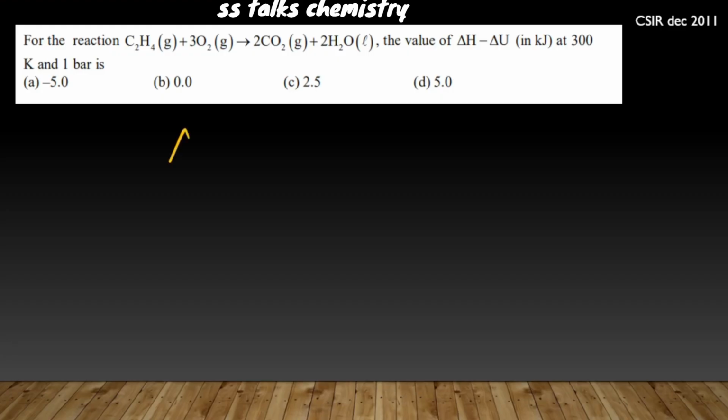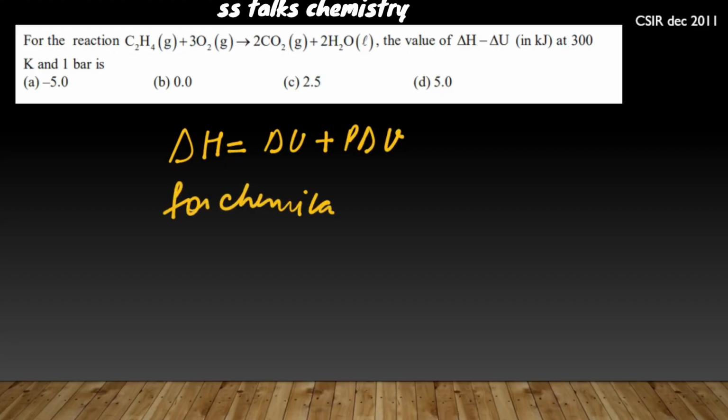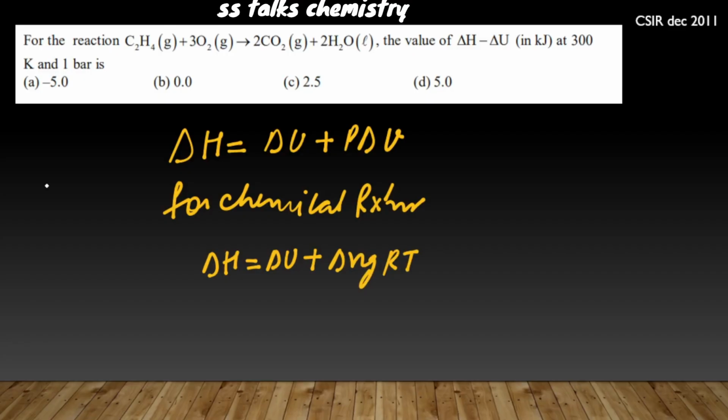We know that delta H is equal to delta U plus P delta V. For chemical reactions, delta H is equal to delta U plus delta ng into RT. This is the expression that we use for chemical reactions.